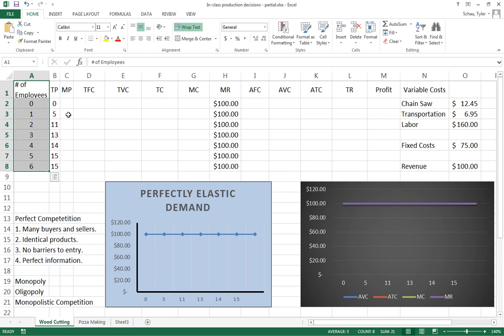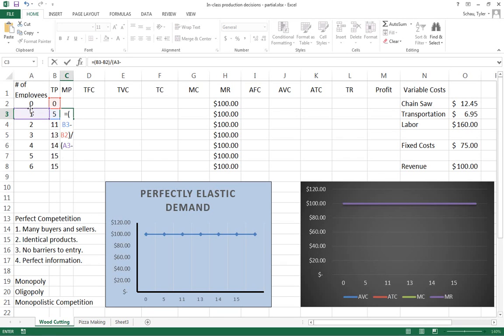So we calculate marginal product. We're looking at how much product did that extra employee add to the business. So here we're looking at change in total product of 5 from 0, and we're going to divide that by change of employees from 1 from 0. Okay, and so we get a marginal product of 5.